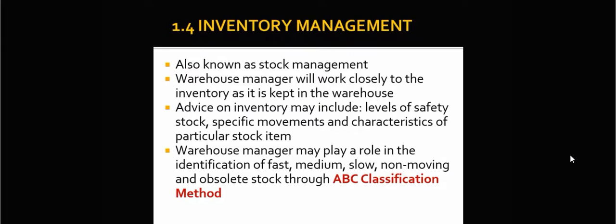Advice on inventory may include the level of safety stock, and the specific movements and characteristics of particular stock items. So you need to have all this information as a warehouse manager. You need to understand the level of safety stock. Meaning to say, it's not about the stock being safe.